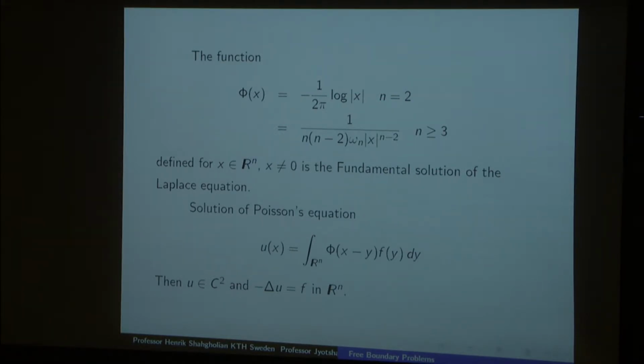Here we usually assume that f is continuous, and this is nothing but what we recognize as convolution. This is phi convolved with f.